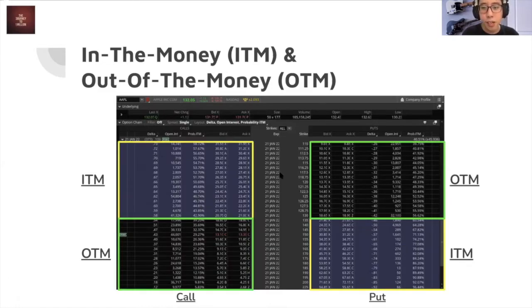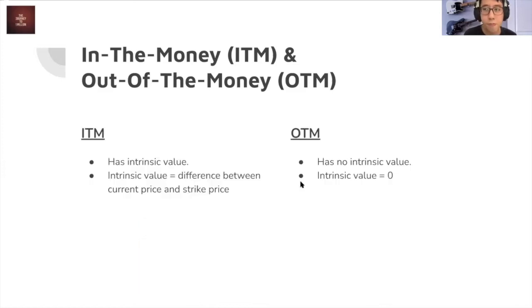So let's say in this example the price is 132, if your strike price is 120, your intrinsic value is 132 minus 120, which is 12. But if you are out of the money, it has no intrinsic value at all. So it equals 0.